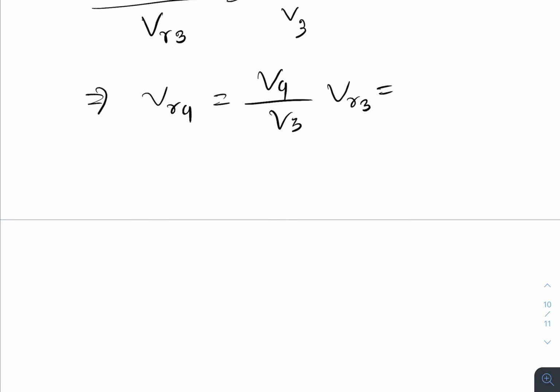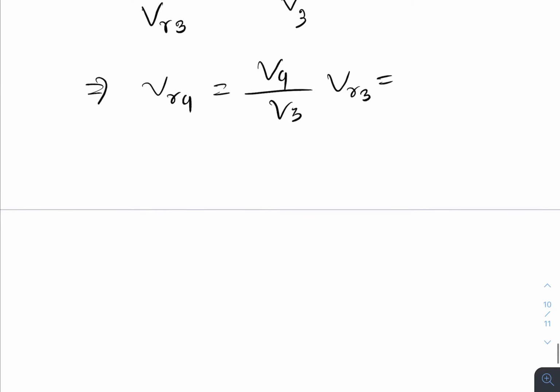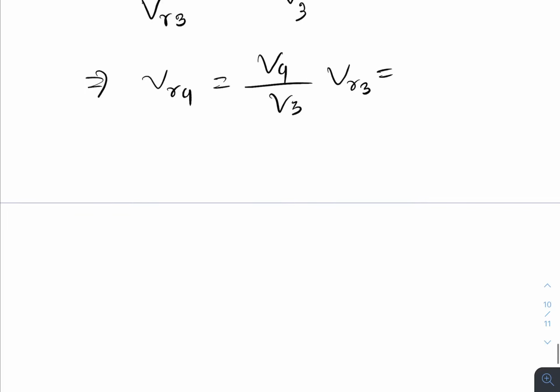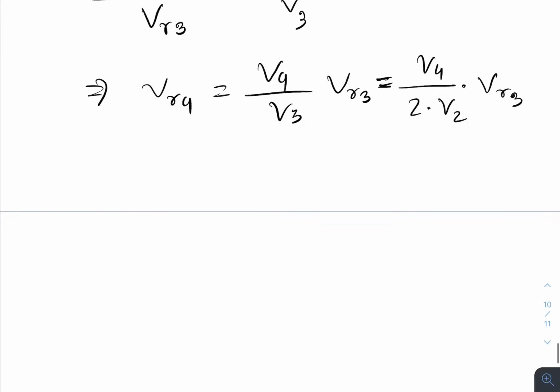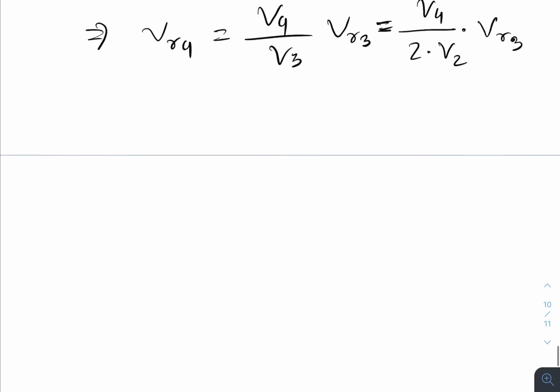Basically in V4 divided by V3, if we write V3 in terms of V2, then it will become V4 divided by 2 times V2, times VR3.